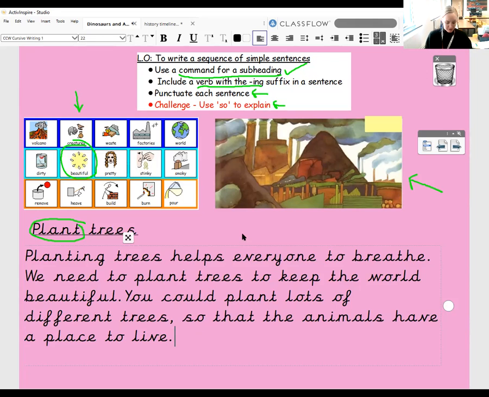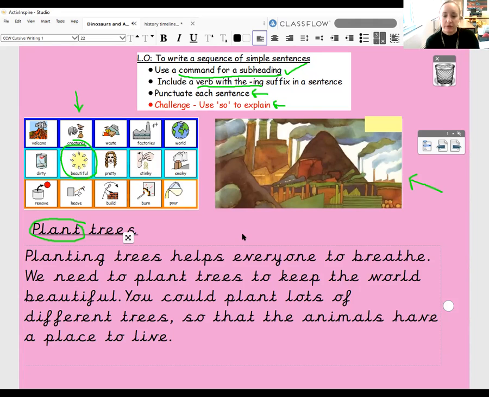Something about growing a range of different or beautiful plants. We haven't said anything about plants, have we? So I could say if you planted different plants, or if you grew different plants, the world would be very colourful. That's a good idea.